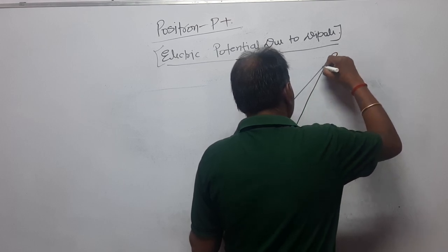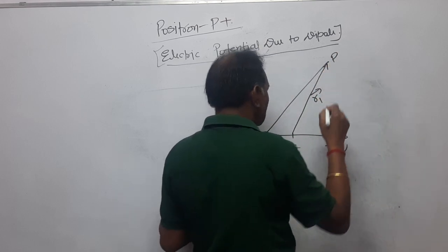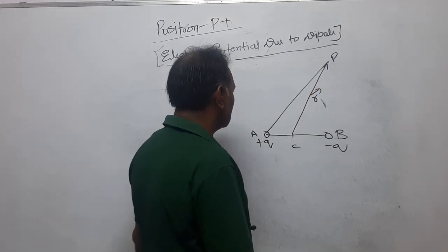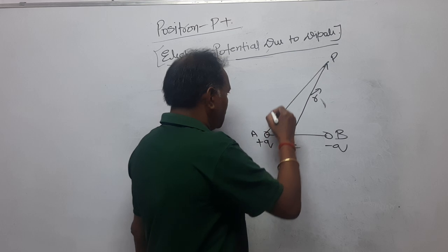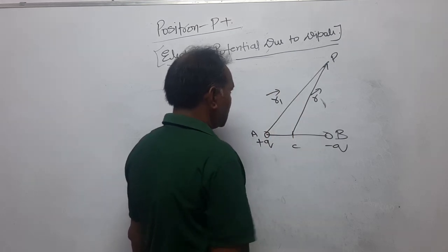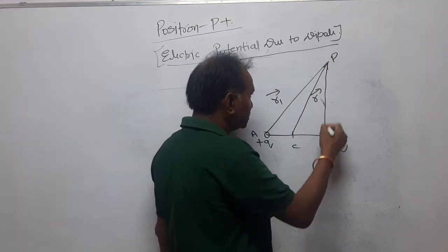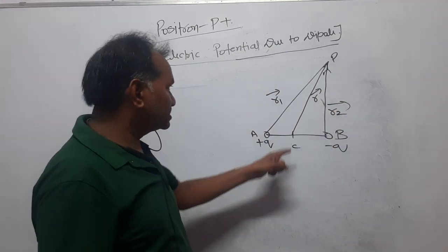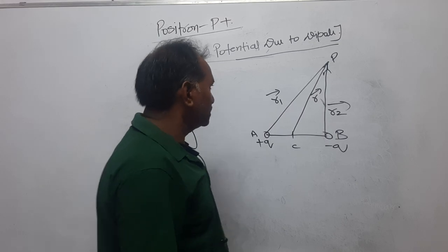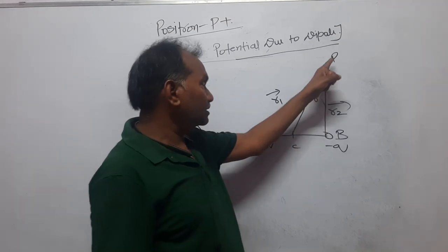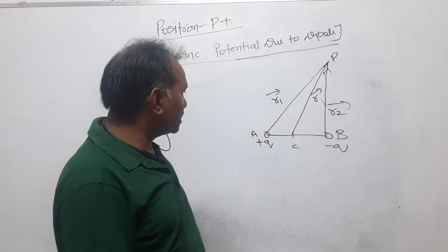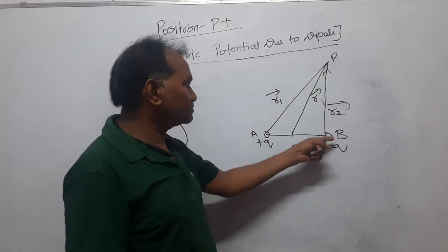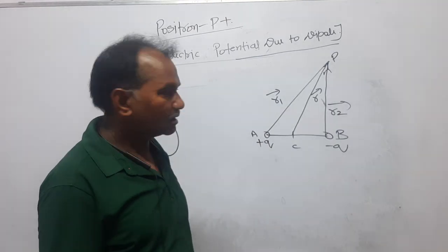P has the position vector r with respect to the center, with respect to A it has the position vector r1, and with respect to B it has the position vector r2.